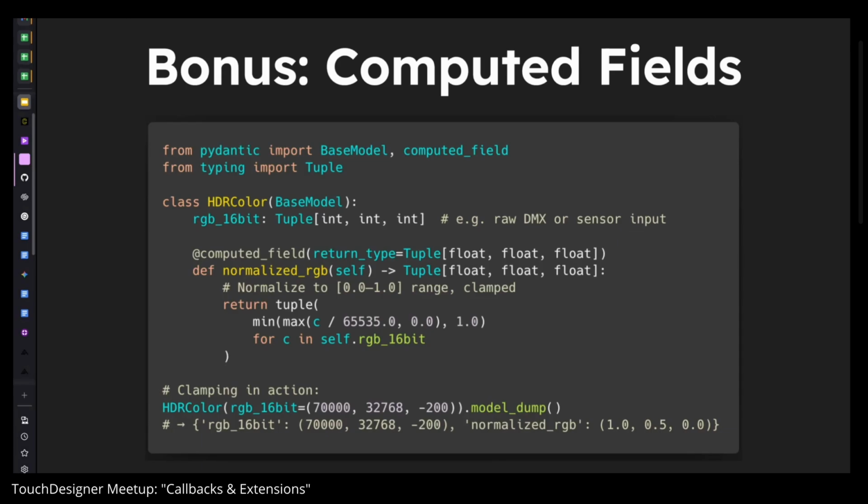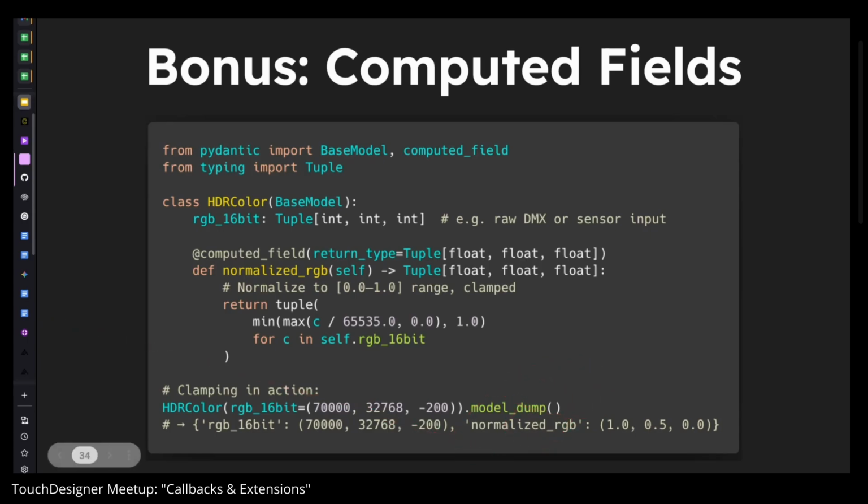I'm back. So what I'm doing here is just clamping this. It doesn't matter what the math is. The point is, if I reach in for this normalized RGB value, I'm going to get back a computed value at the time that I reach for it. That's what properties do, right? The difference is that Pydantic computed fields are included in the model dump, in the schema, in the JSON dump, et cetera, and properties are not.